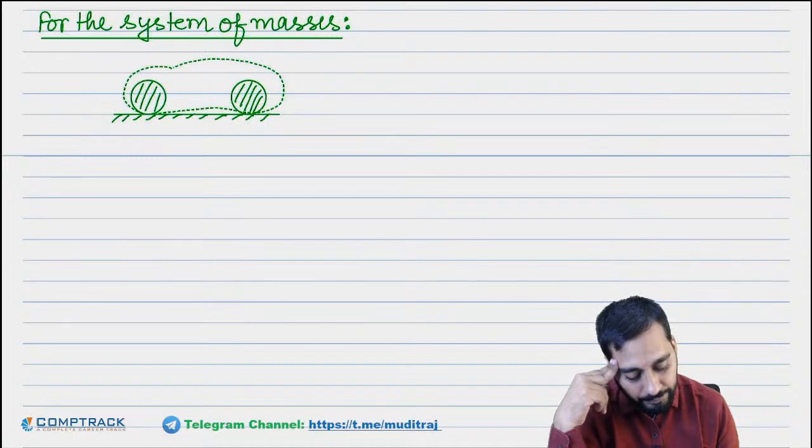okay, then let's say this is mass m1, this is mass m2. Initially they are moving with u1 and u2.